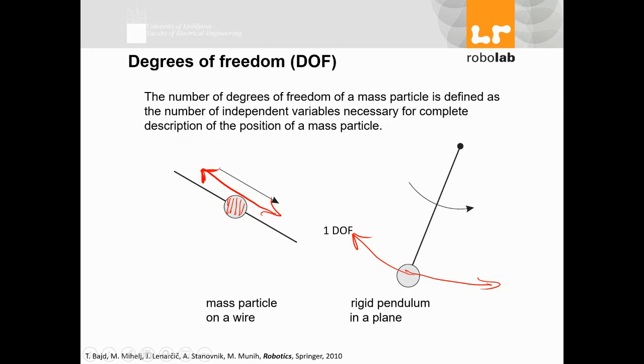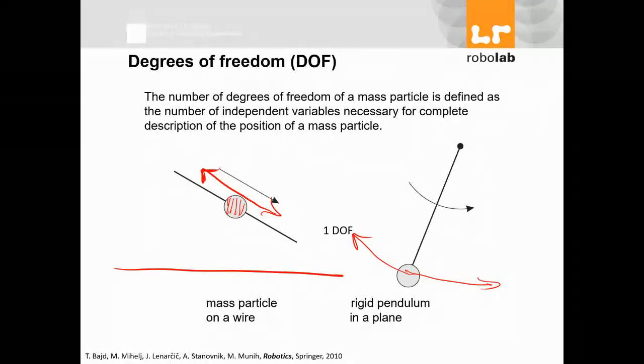So in this case, if I know that my mass is restricted to move alongside a line, the only information I need to know is where is the origin? If I know that my object, my particle, or whatever it is, can move only on this line, the only thing I need to know is where it is right now compared with the origin.